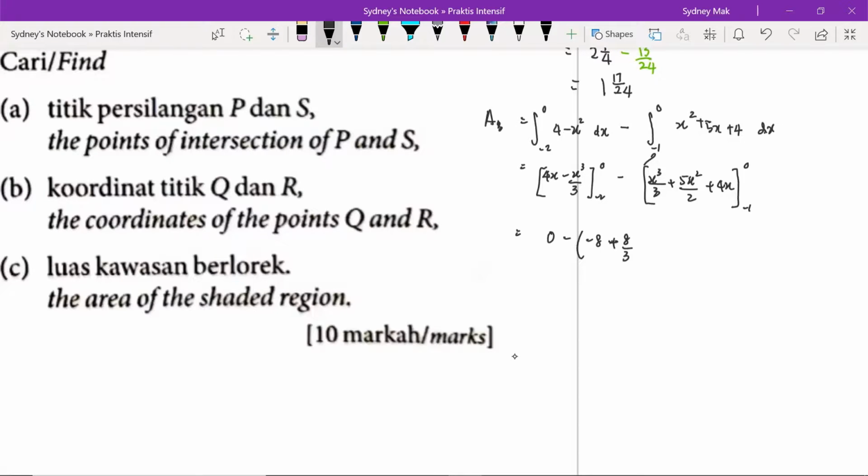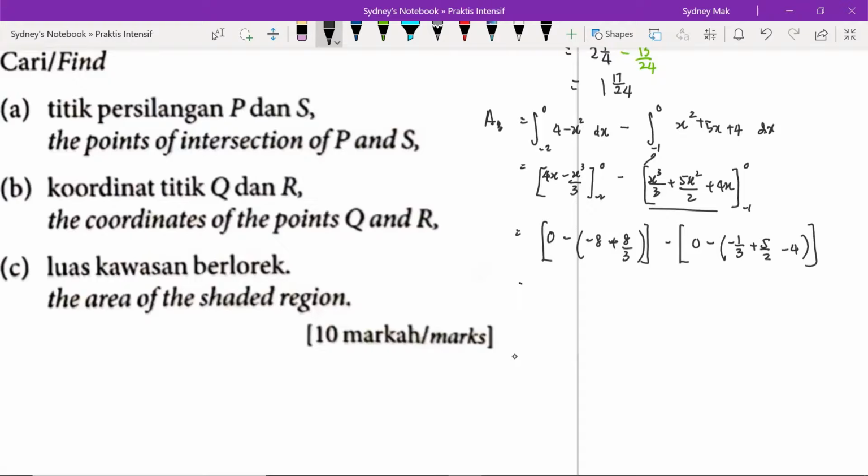And then for the second term, we put 0 in, we got 0, and then minus, put the -1 in, so we have -1 over 3, and then plus 5 over 2, and then minus 4.